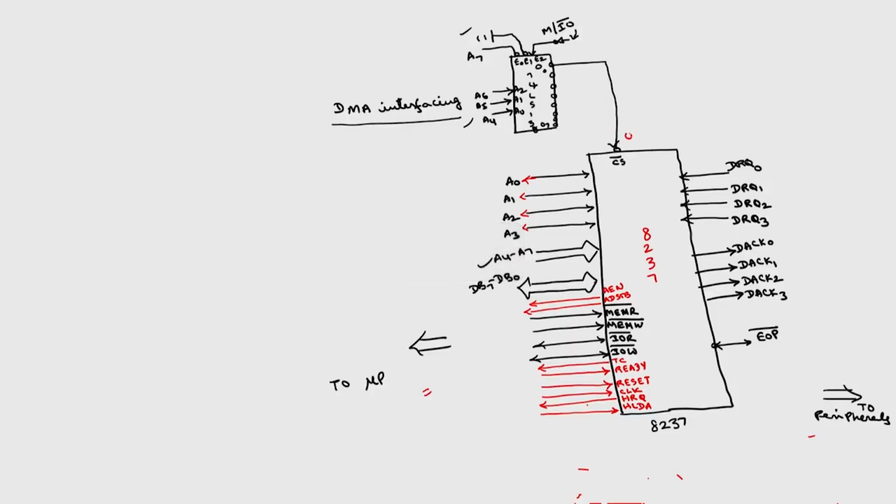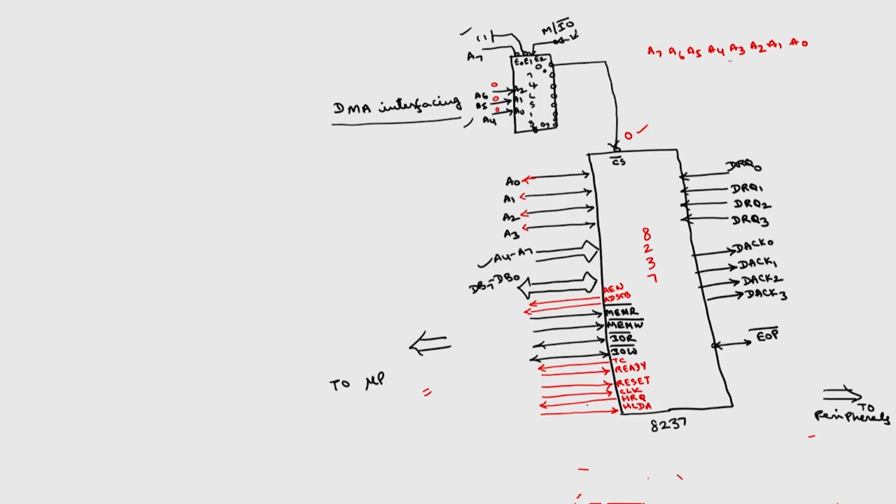Here, in order to select this chip, chip select should be 0. If I write A7, A6, A5, A4, A3, A2, A1 and A0. In order to select this chip, the output O0 should be 0, so these three should be 0, 0, 0, then only the first output will be selected.